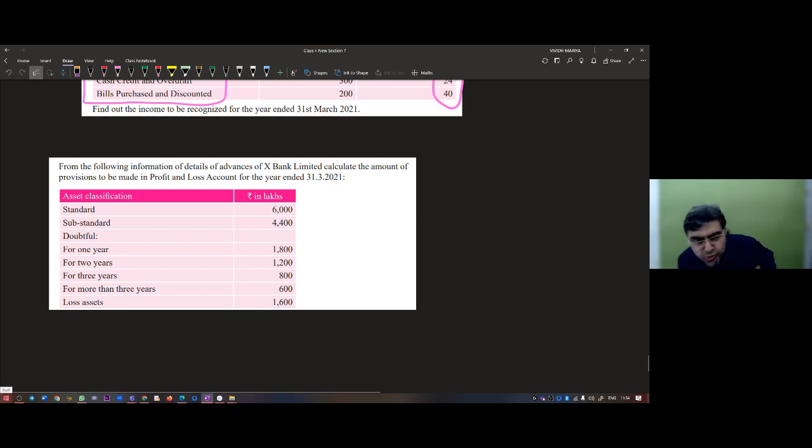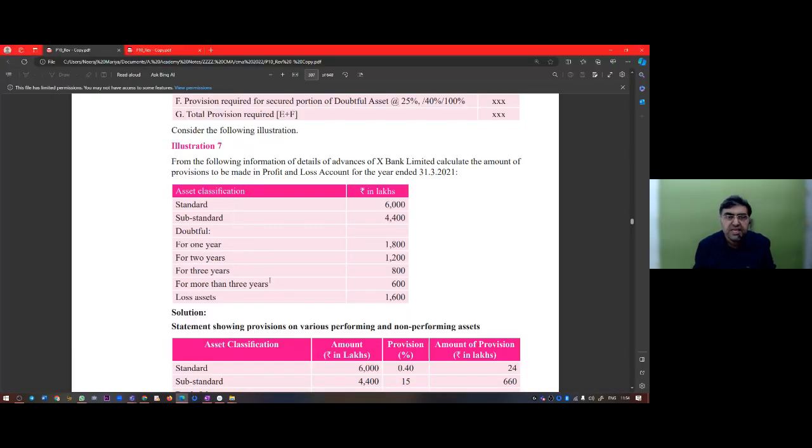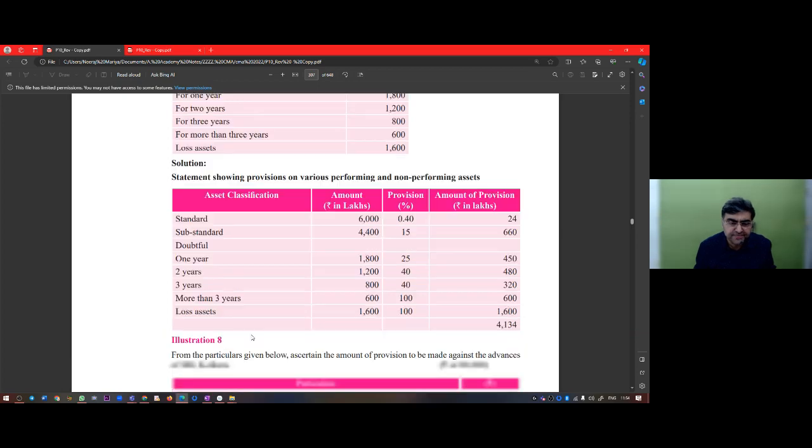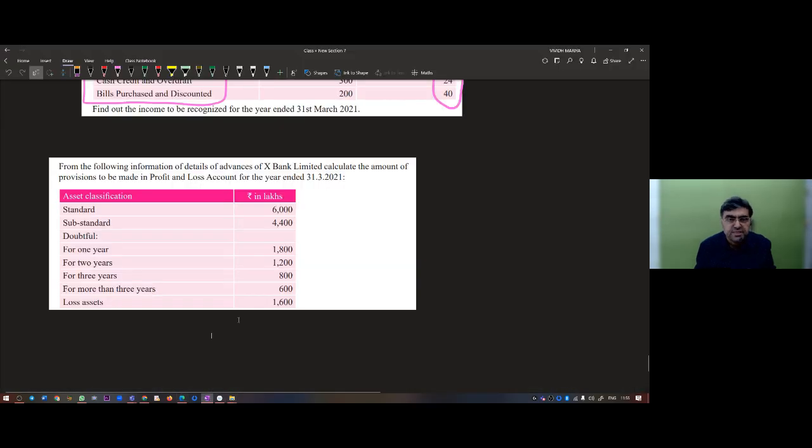Now you have to make provision for doubtful debts. Here will be the answer. For performing assets, the provision is 0.4%. Substandard asset, assuming secured.